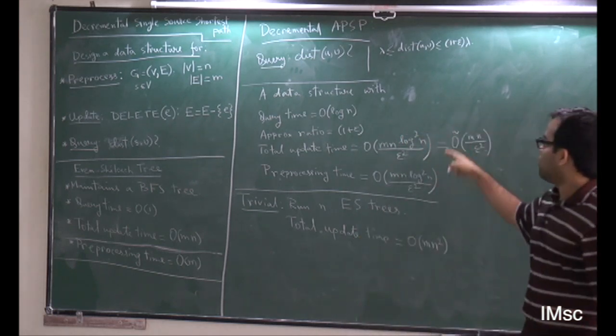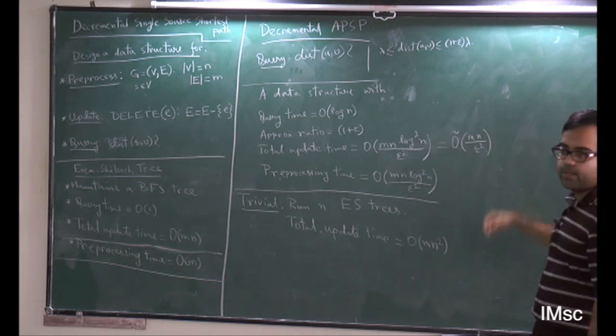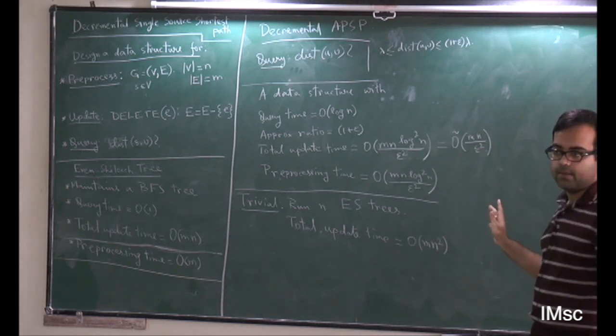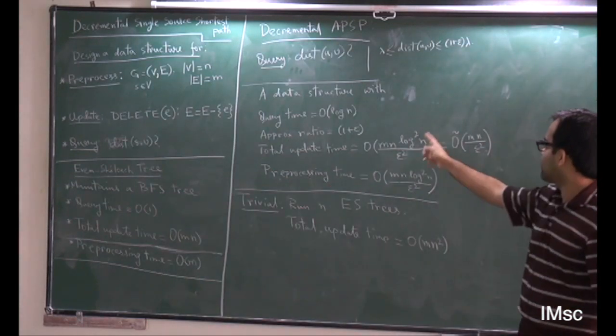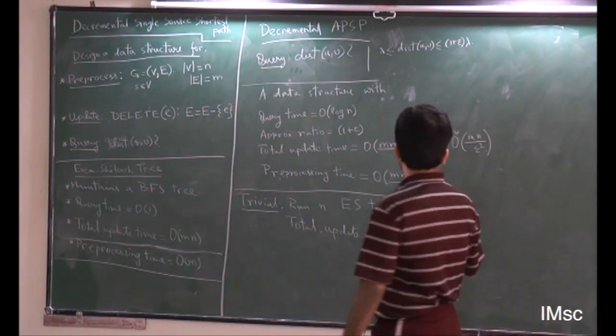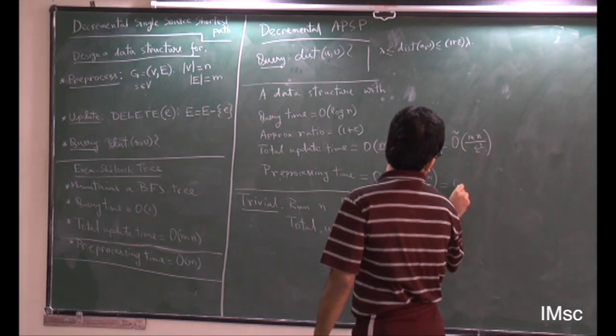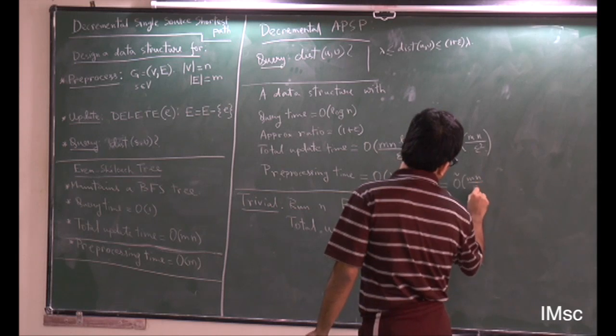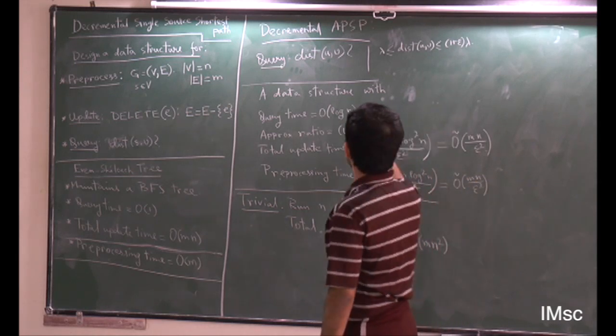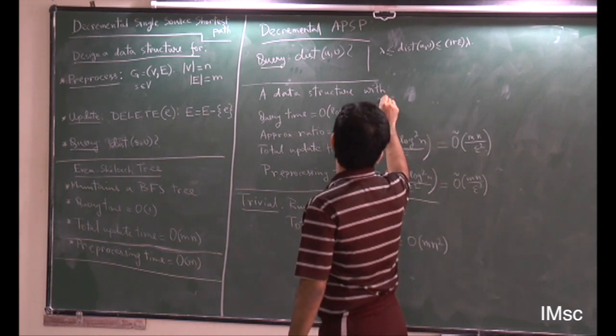This O tilde notation hides all polylog n factors, and the understanding being that they are insignificant compared to this mn term. Okay. So, the preprocessing time is also O tilde of mn, and the query time is O tilde of 1.